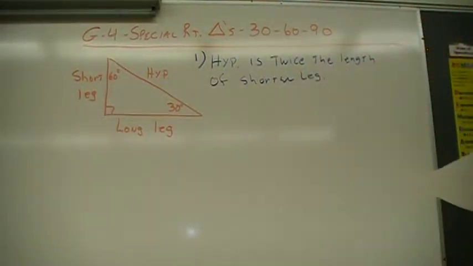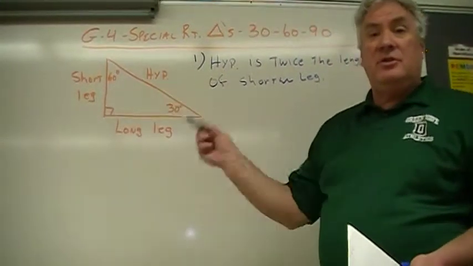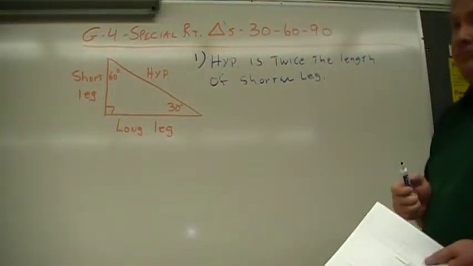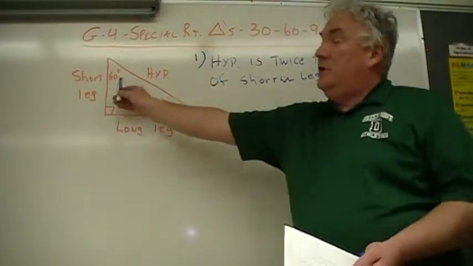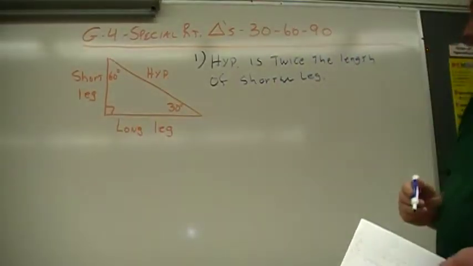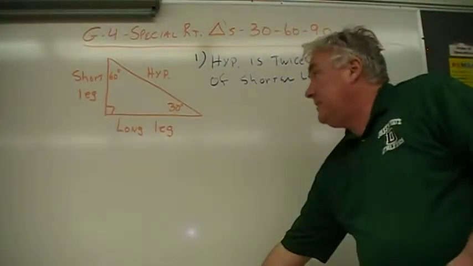So we're going to apply that one pretty soon. But whatever the shorter leg length is, the hypotenuse is twice that. We can double that. In reverse, whatever the hypotenuse is, the shorter leg is half that length. Okay? So that's that piece.